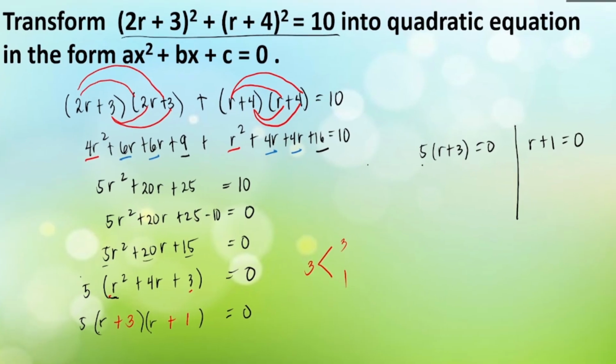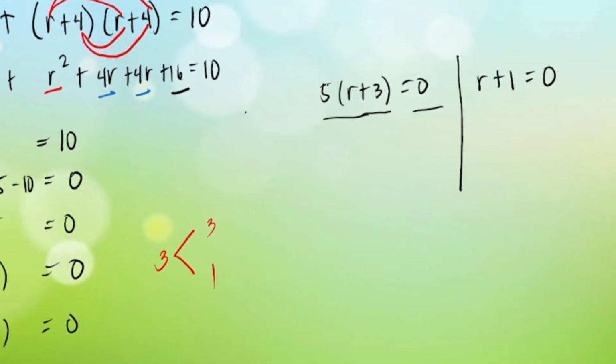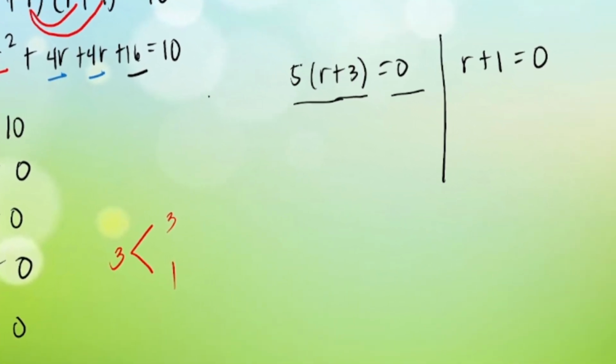Once we divide the equation by 5 to eliminate this, let's solve the linear equation now. We can also distribute this 5. So that will become 5r plus 15 equals 0.